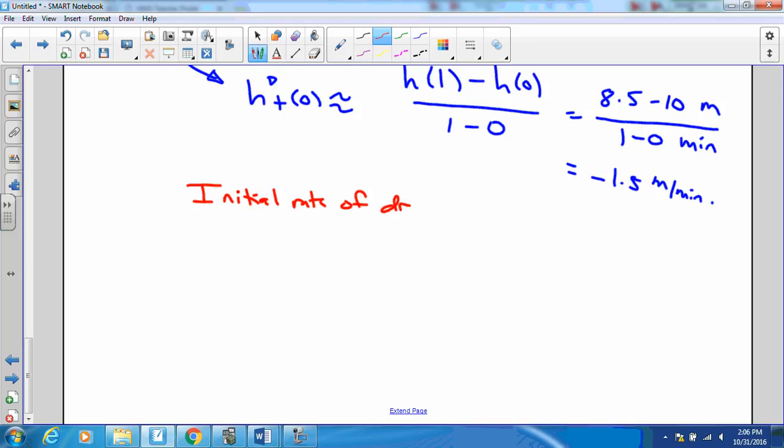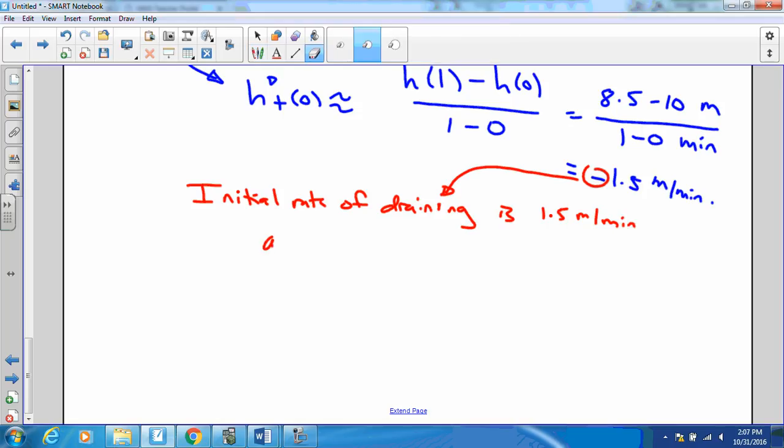Initial rate of draining of water is of magnitude 1.5 meters. Oh, negative, it's already been taken care of. 1.5 meters per minute. We've already said that too. This is being specific.